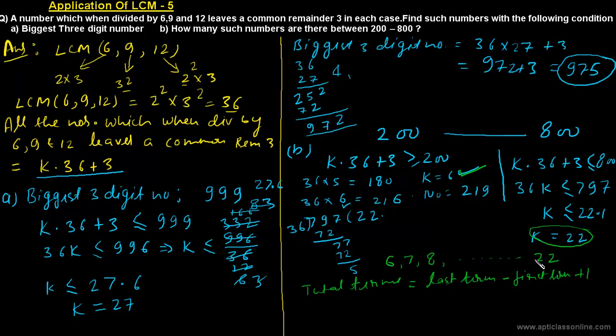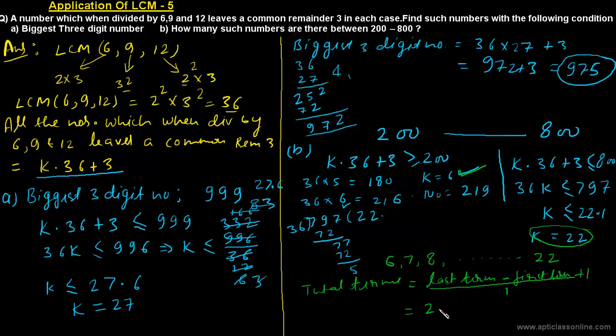Because if we consider it as an arithmetic progression, the common difference is 1, by which this has to be divided. So since the common difference is 1, even if we divide it by 1, there will be no difference. Otherwise the formula is the total number of terms will be last term minus first term divided by the common difference, which is 1 in this case.